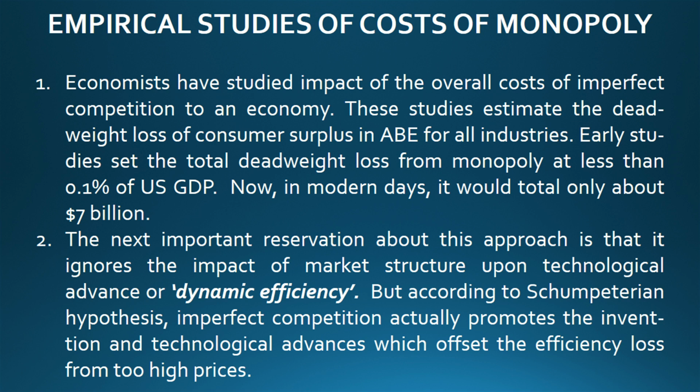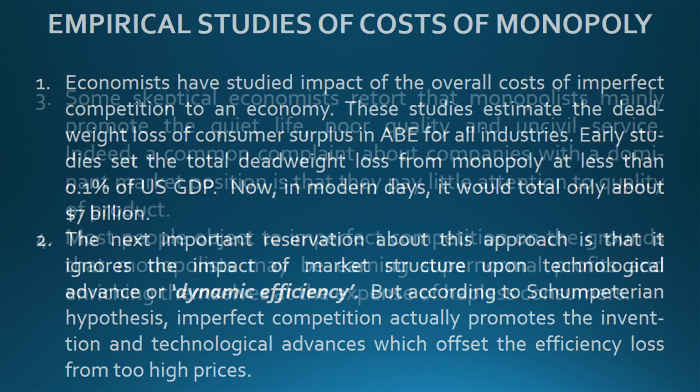The next important reservation about this approach is that it ignores the impact of market structure upon technological advance or dynamic efficiency. But according to the Schumpeterian hypothesis, imperfect competition actually promotes invention and technological advances which offset the efficiency lost from too high prices.